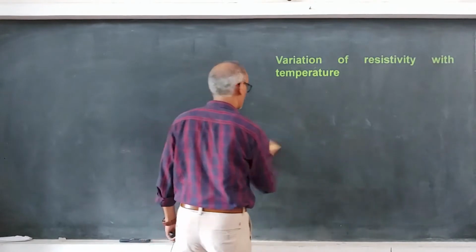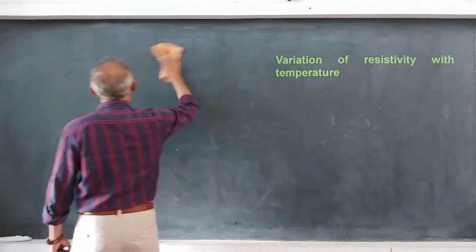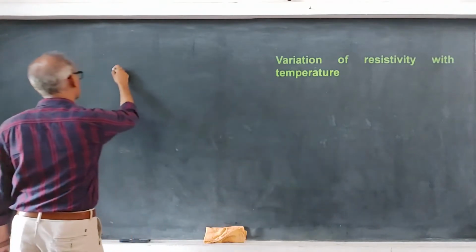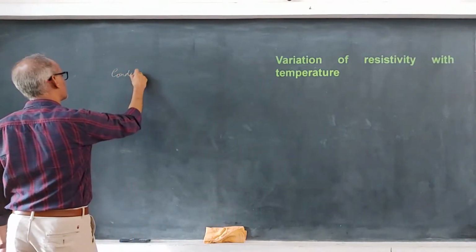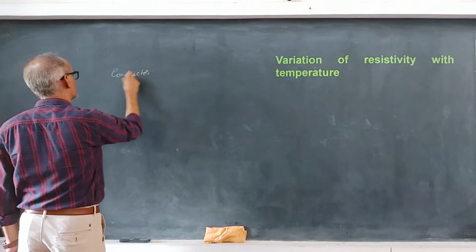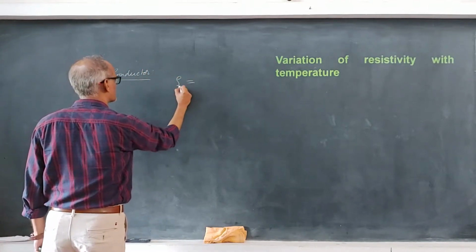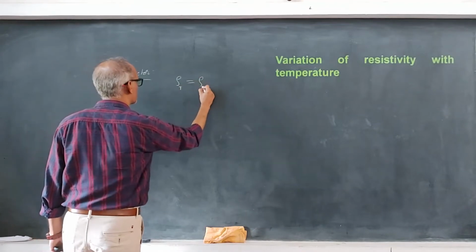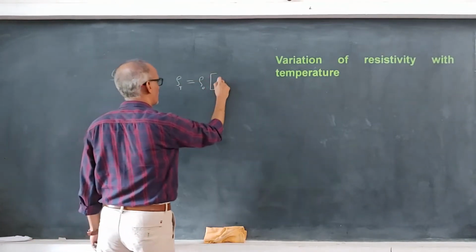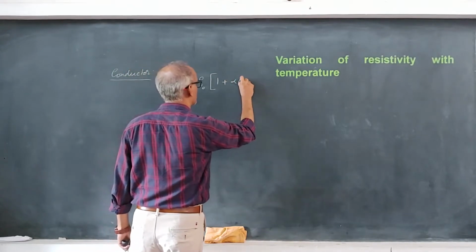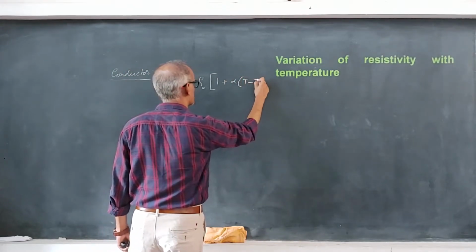And to understand that, we have a formula. In the case of conductor, resistivity rho suffix T is equal to rho naught into 1 plus alpha into T minus T naught.